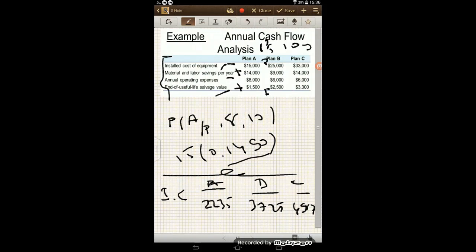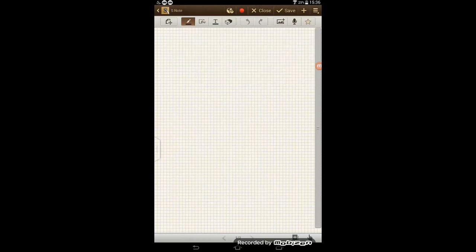Then the other cost is annual operating expenses, which is 8,000, right? 6,000 and again 6,000. Okay. So if we say equivalent uniform annual cost is gonna be for A, B, and C, total of 10,235.